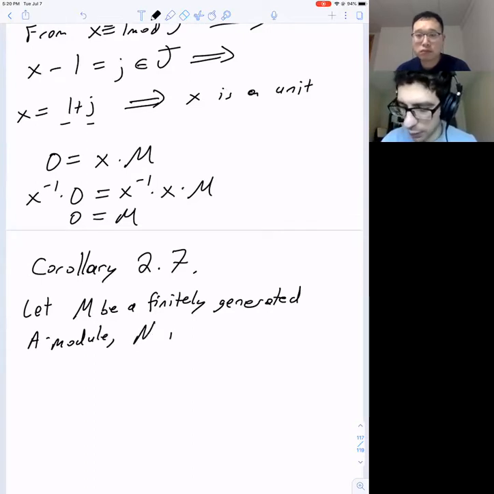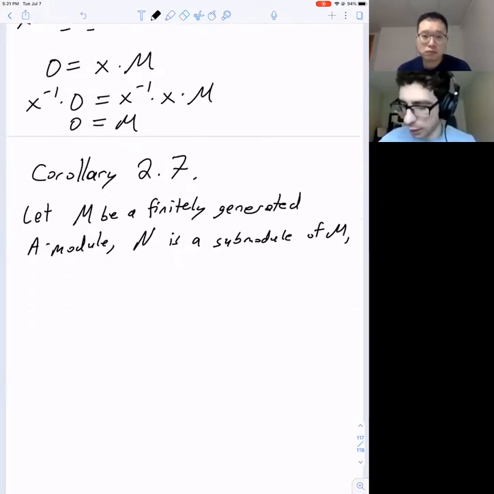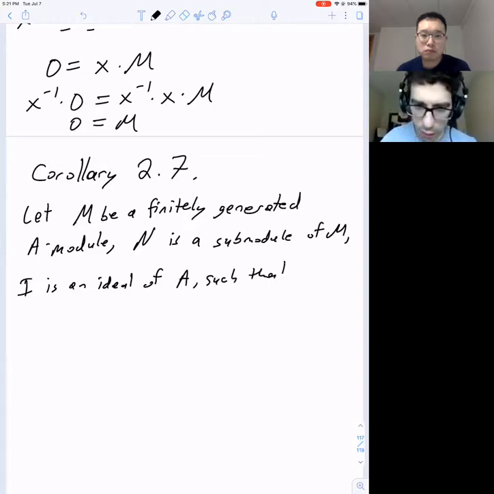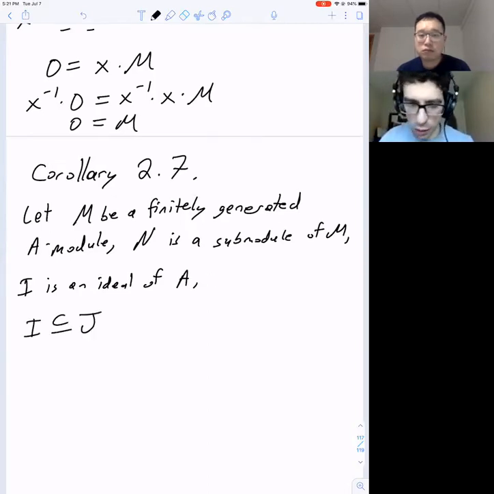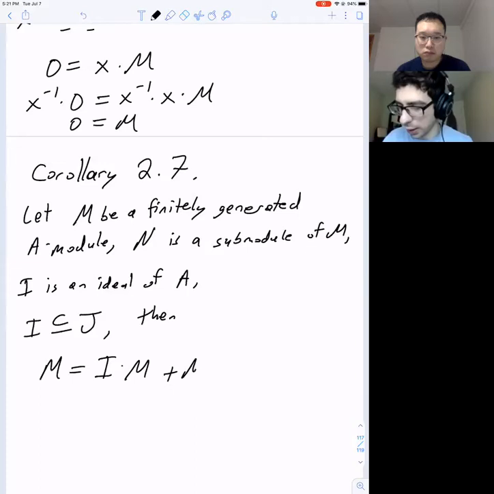Let's say N is a submodule of M, and let's say I is an ideal of A contained in the Jacobson radical. Then the statement says if M is I times M plus N, then actually M is the same as N.